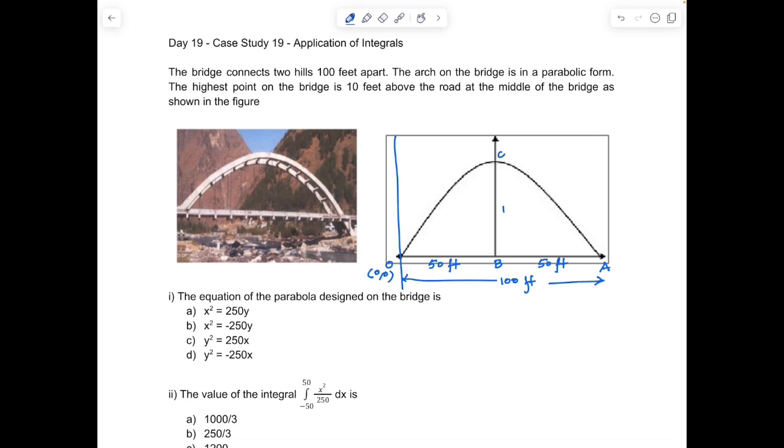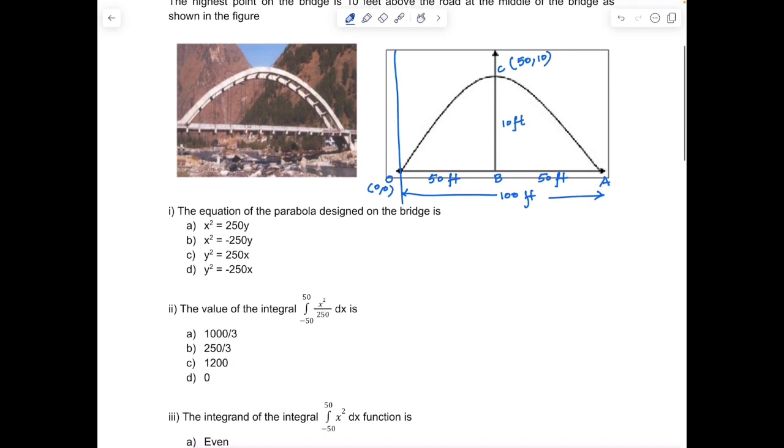BC is 10 feet. C is the highest point, that is the coordinates of C is (50, 10). C is the vertex of the given parabola. The parabola is open downwards.